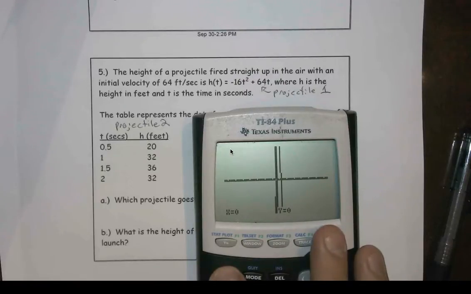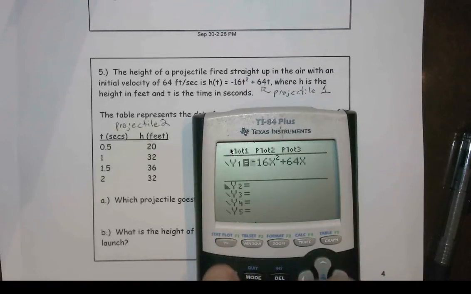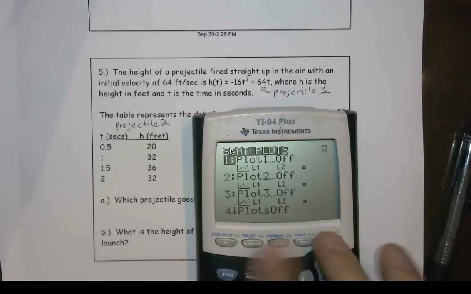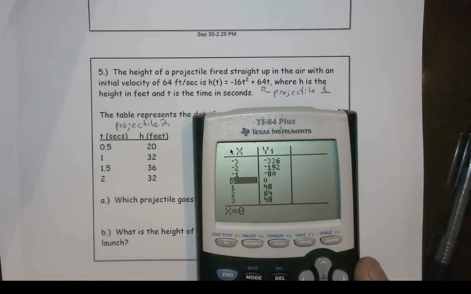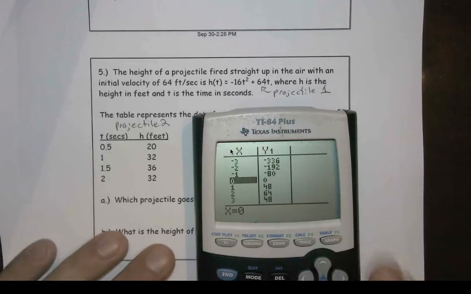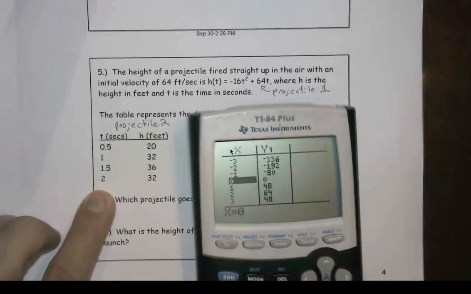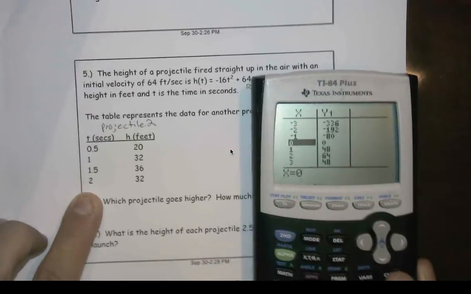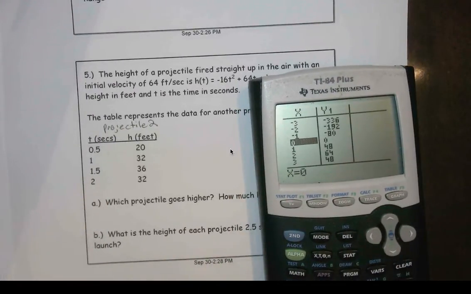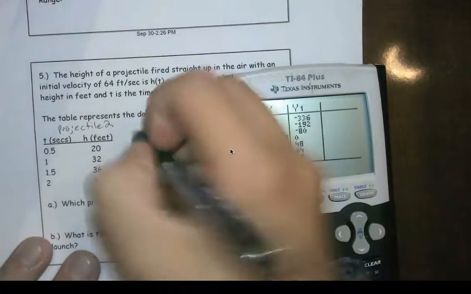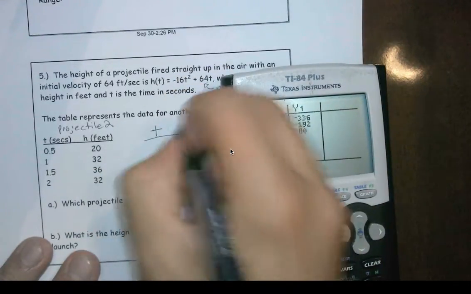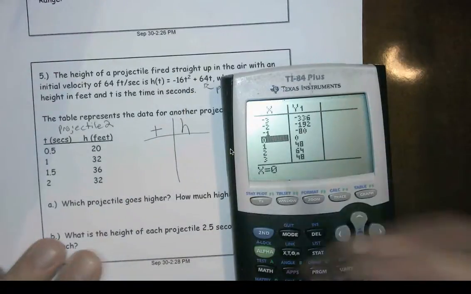So for this, we can actually modify our table. We see that it's going in a certain fashion, and we have some of the same values that they do here. So let's take note on what projectile 1 is going to look like. So this is going to be the same idea where this is t, this is your height for projectile 1.